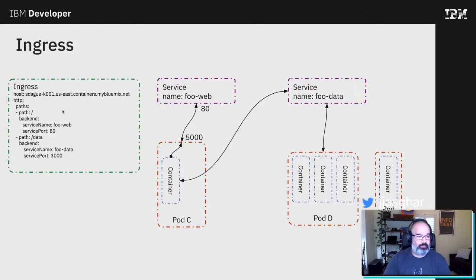And there's nothing stopping me in this example. If I was coming in from the outside world, I could go to /data and I would go directly here too. There's a lot more nuance there, but I wanted to make sure that you at least saw what an ingress is and have a basic knowledge, so as we move forward, it makes more sense.